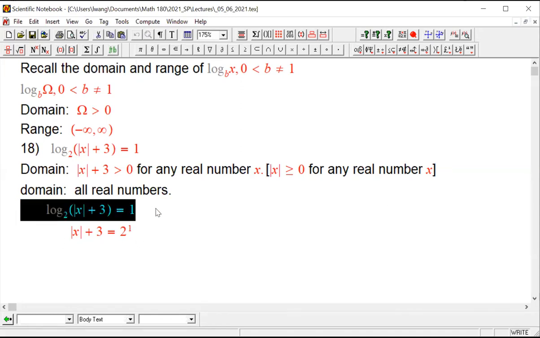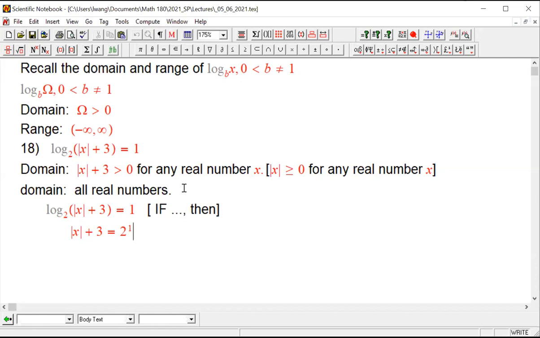If this is true, remember, when you read this sentence, in your mind, this is if, then. Every if statement, if then, if then, if then.